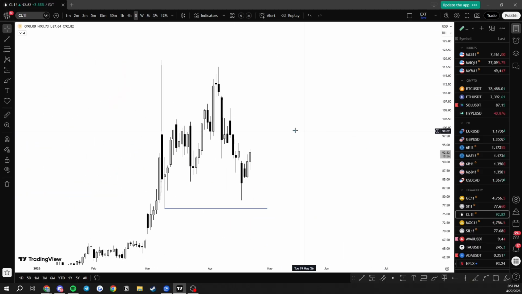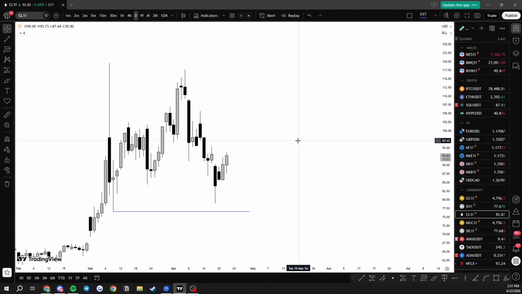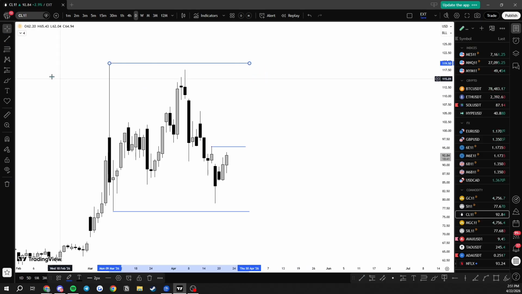My guess, or at least what I would want to see, is either we market structure break this and we can start coming to the idea that we're moving higher, because once again we're presented with this conundrum where we have relative equal highs and relative equal lows, so we have to be a little bit fluid.